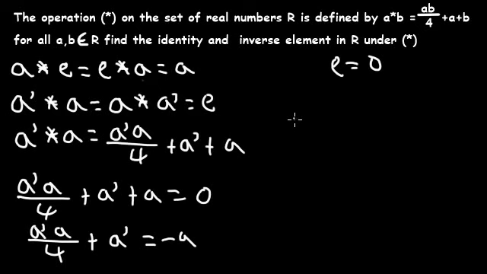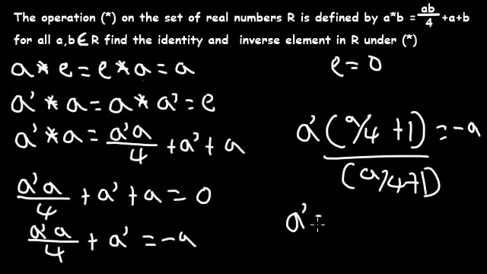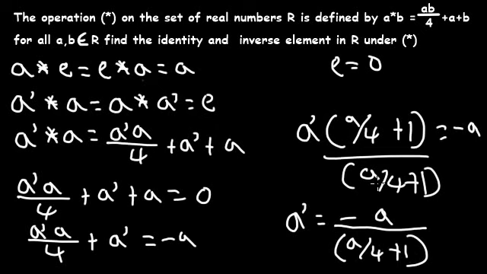And we have a'(a/4 + 1) = -a. Now dividing all through by a/4 + 1, we have a' = -a/(a/4 + 1). And that is our final answer.